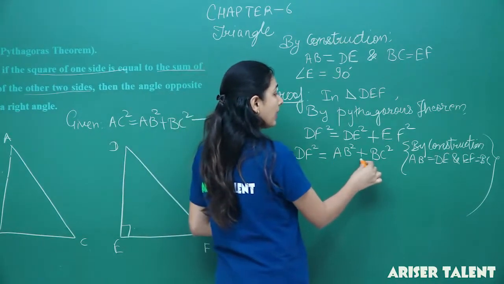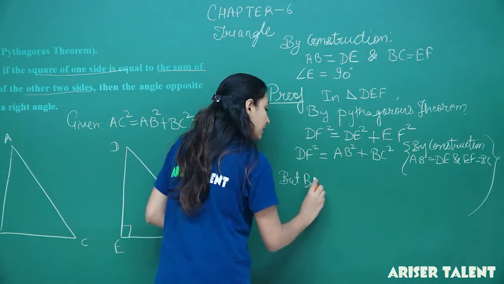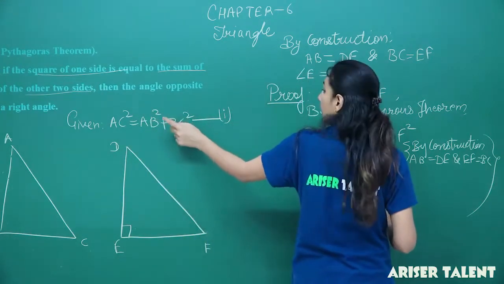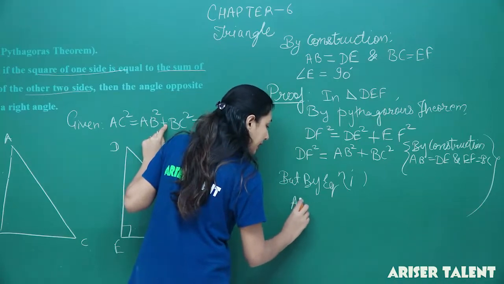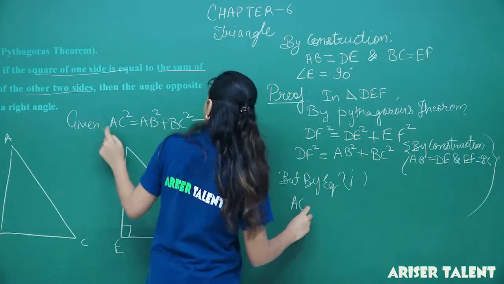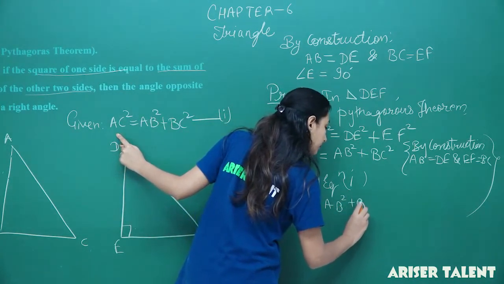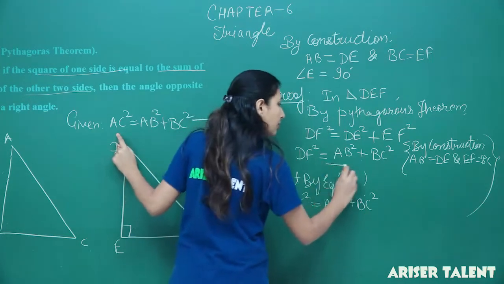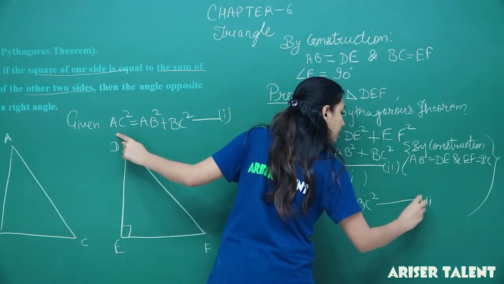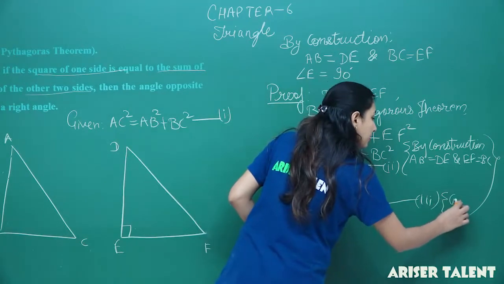This is AB square plus BC square, but by equation 1, what we have here is AC square equals AB square plus BC square. So this is the second equation and this is our third equation.